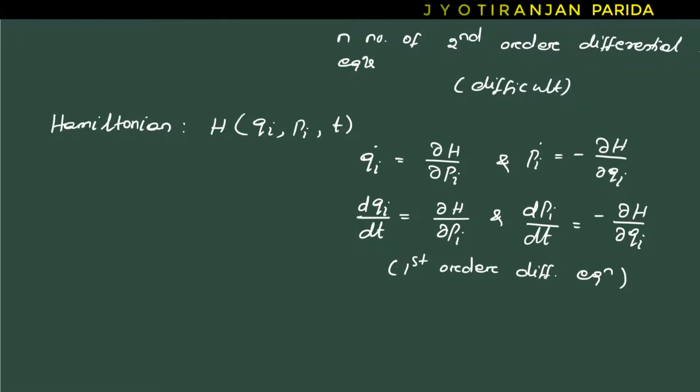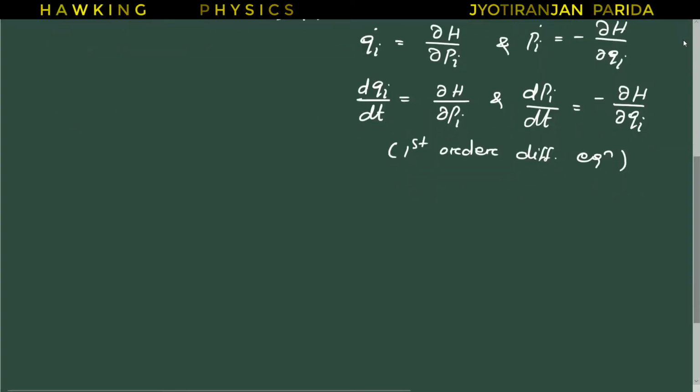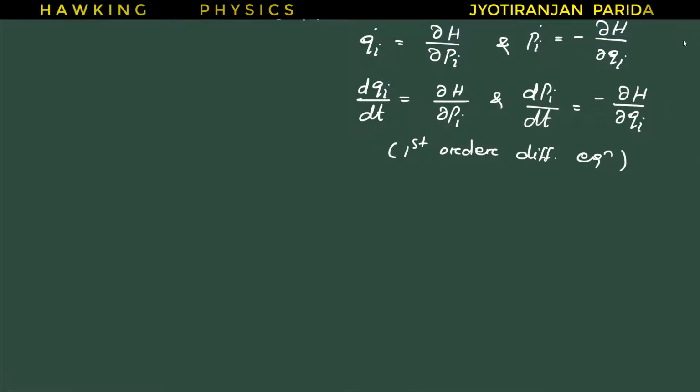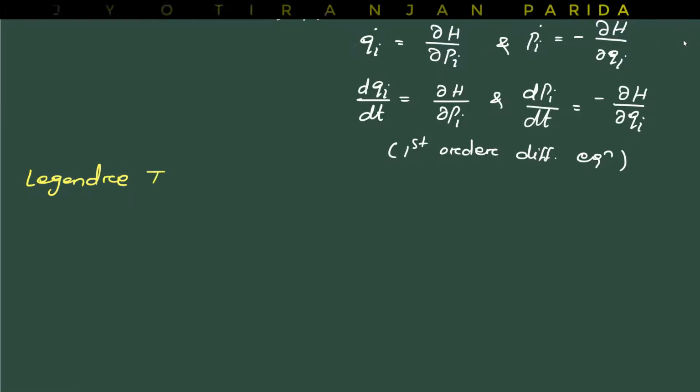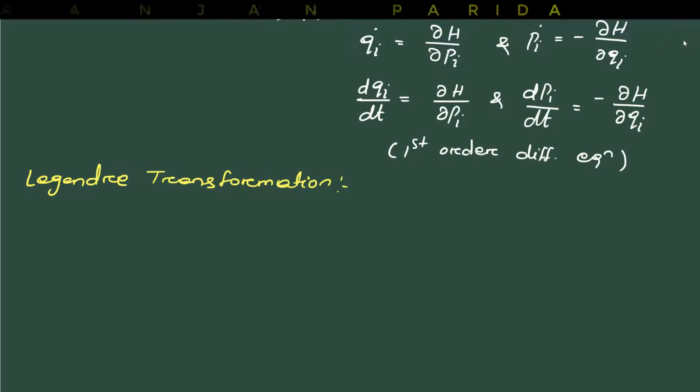Let's see how I can transform the Lagrangian into Hamiltonian. We can transform it by using the transformation called Legendre transformation. Okay. Then what is this Legendre transformation?